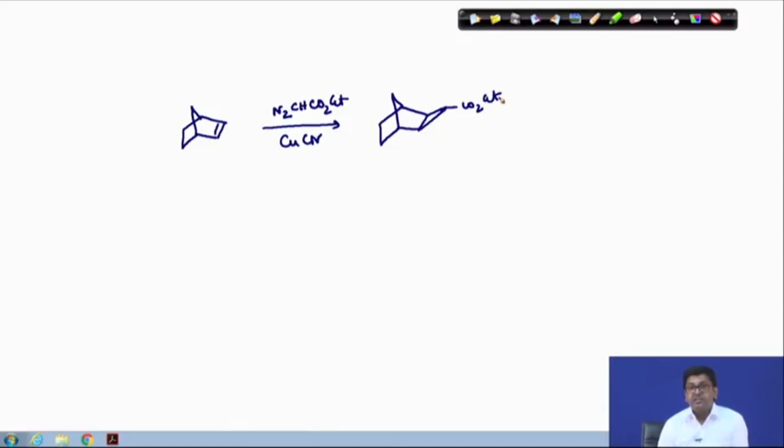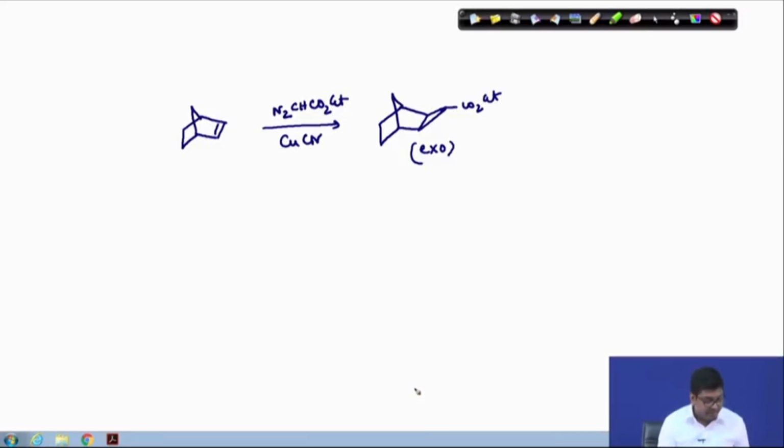But here one interesting thing is that there is a possibility of two different stereoisomers. One could be exo and the other endo. Interestingly, here only one stereoisomer has been formed, and that is the exo one. Obviously, this exo product is thermodynamically more stable and has less steric hindrance. That is why this product is the sole product here, or maybe the major product here.